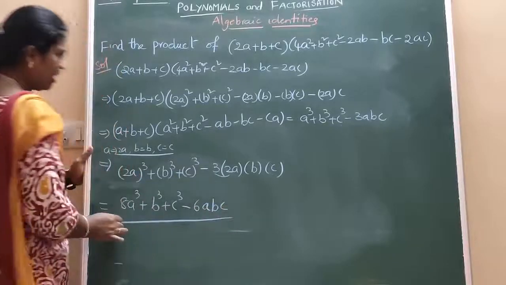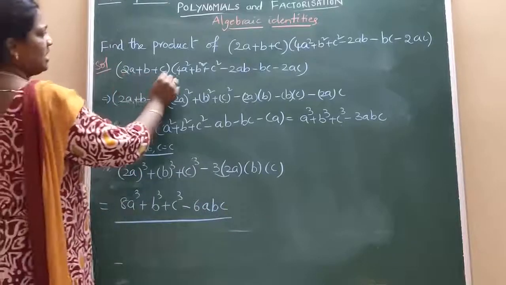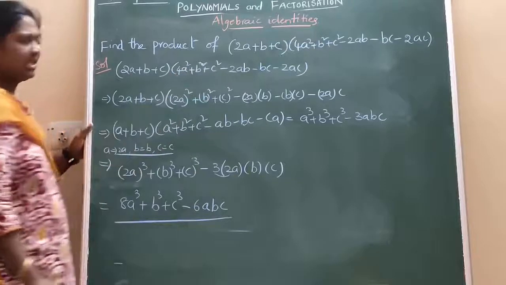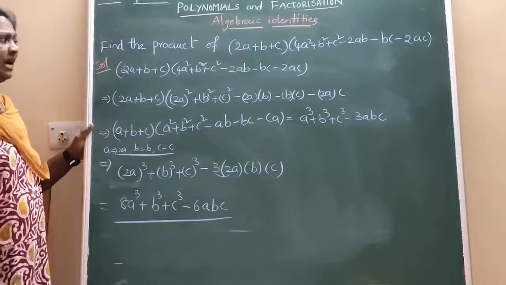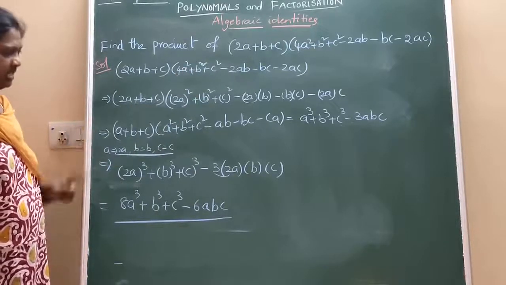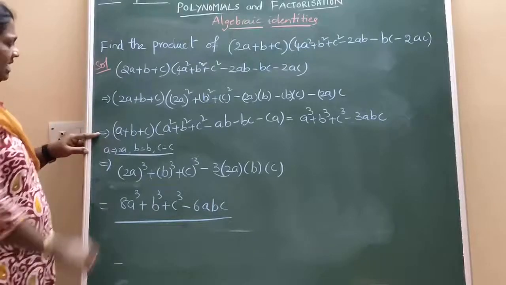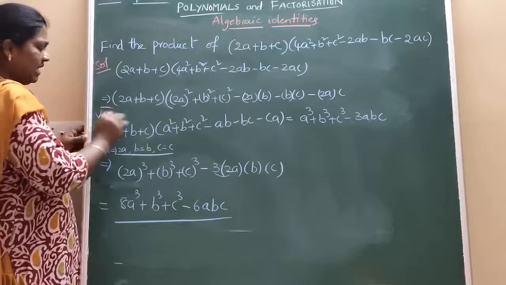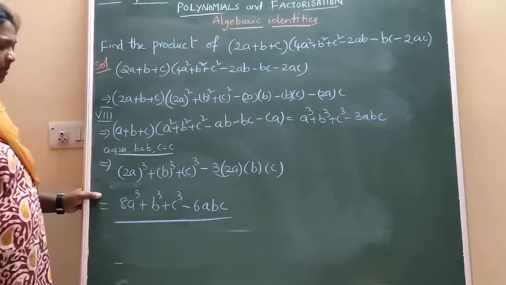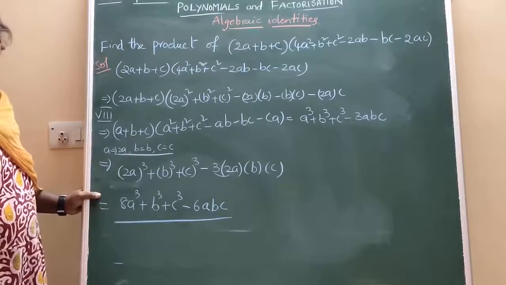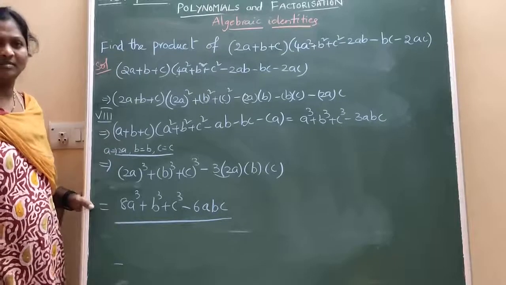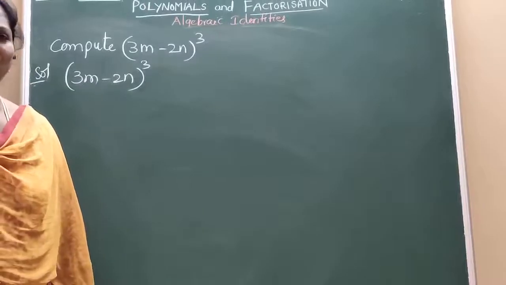This is the product of 2a plus b plus c into 4a square plus b square plus c square minus 2ab minus bc minus 2ac. Like by using this eighth identity, we can get the product 8a cube plus b cube plus c cube minus 6abc. Okay? Students, let's see one more problem.